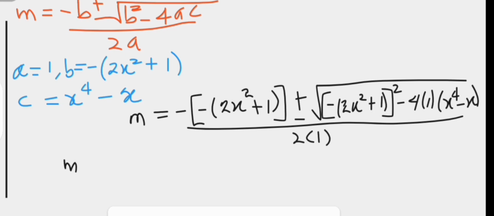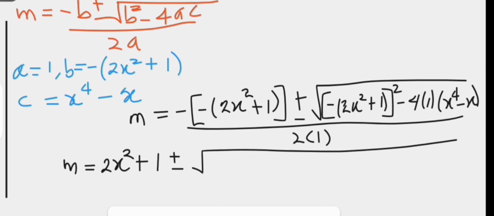This means that m is equal to minus times minus here becomes plus, so we have 2x squared plus 1 plus or minus the square root. In the square root, the square of the negative will first and foremost be positive.